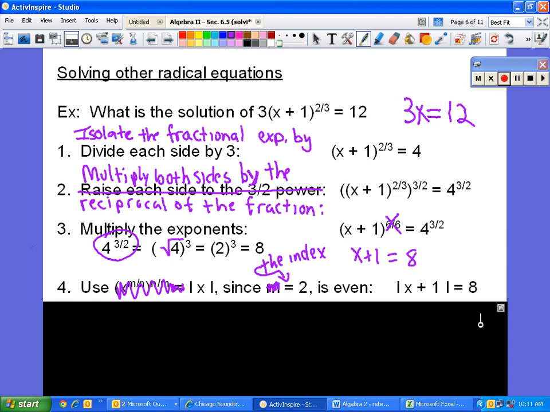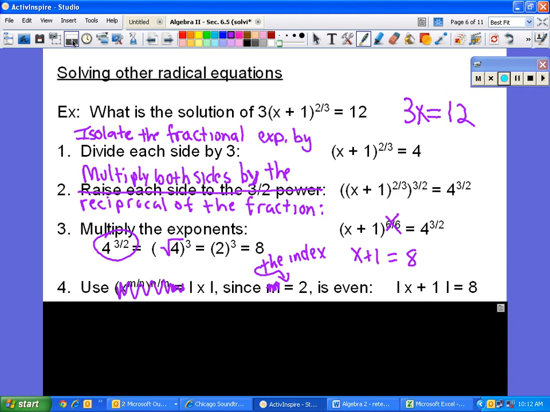Now the reason that this is important is it means we're going to have 2 answers. Remember, when you just take the square root of a number, you actually get 2 values. So the square root of 25 is 5 and negative 5. So here we have not that x plus 1 equals 8, but the absolute value of x plus 1 equals 8.